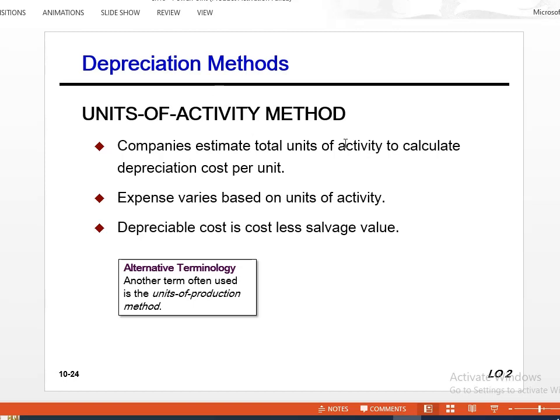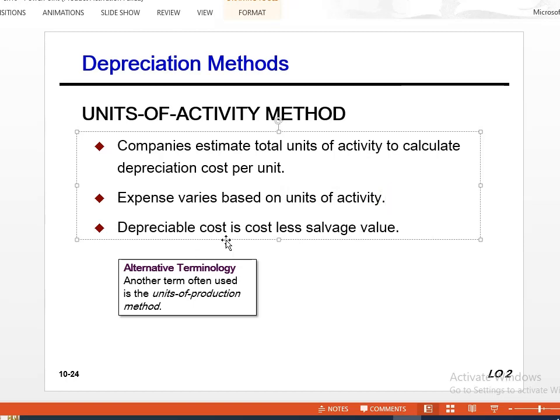I already have total unit of activity, which is 100,000. I need to calculate depreciation cost per unit. You know that total depreciable cost divided by total number of units, I'll get per unit. And then we will calculate the depreciation expense based on unit of activity every year.